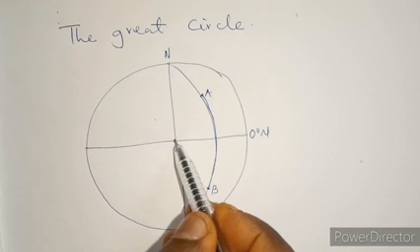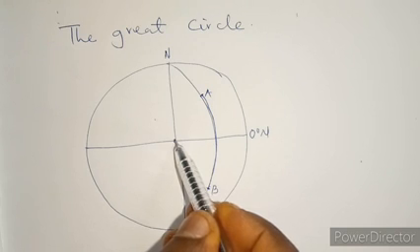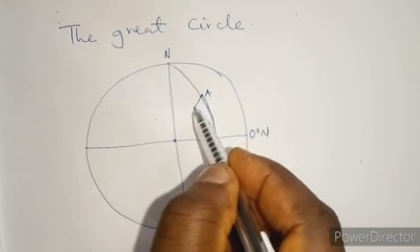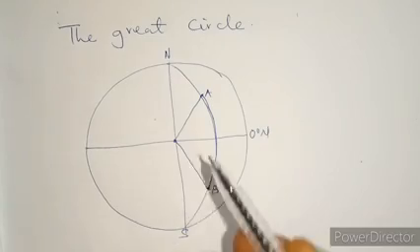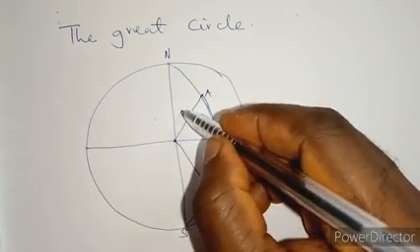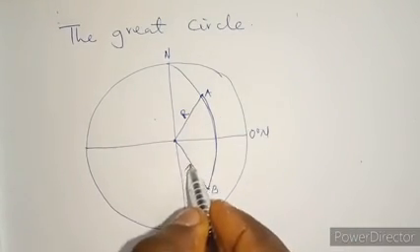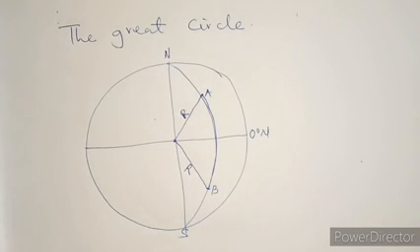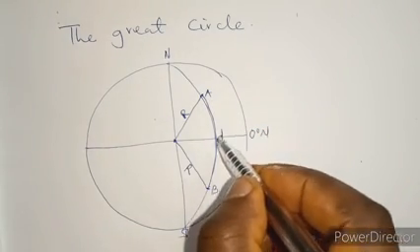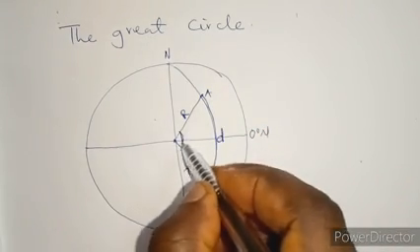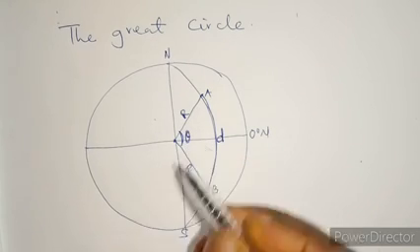This is the center of the great circle, and that's the center of the whole globe. This is the radius, my capital R for radius of the great circle. So this one becomes the distance I'm looking for, and there's an angle here called the angle theta.